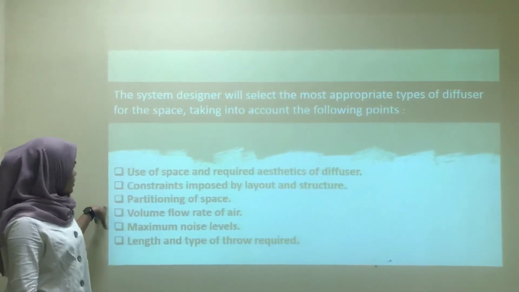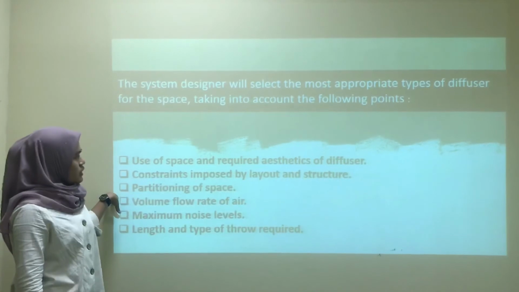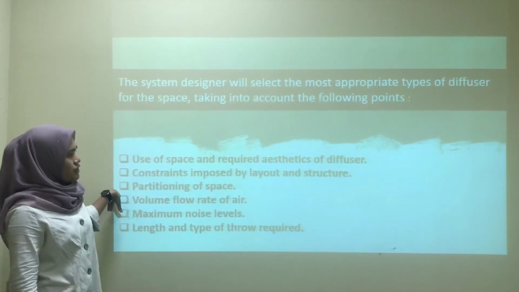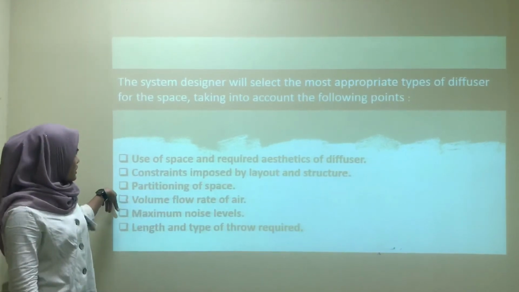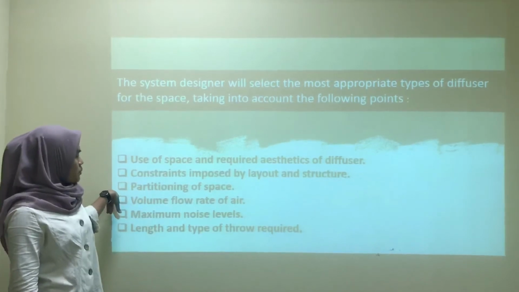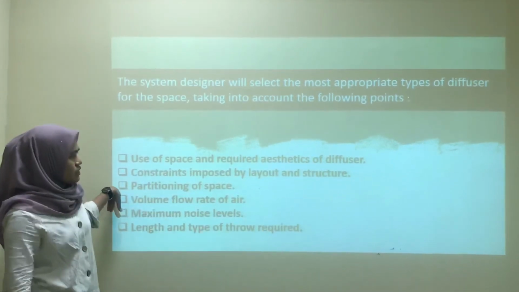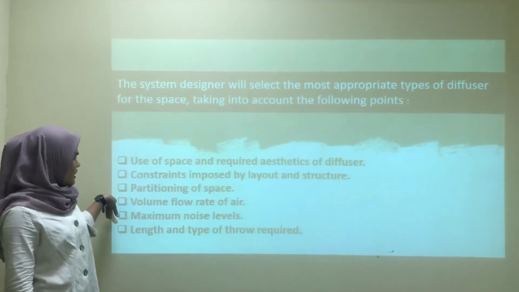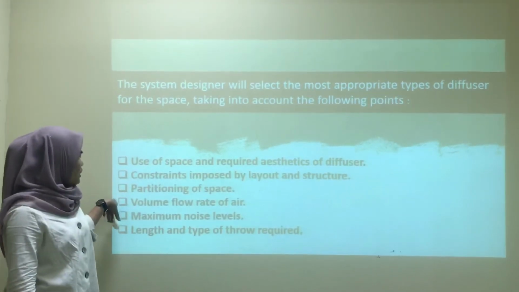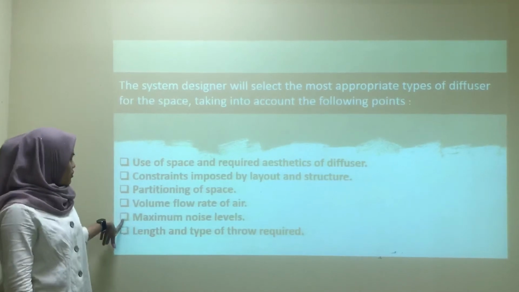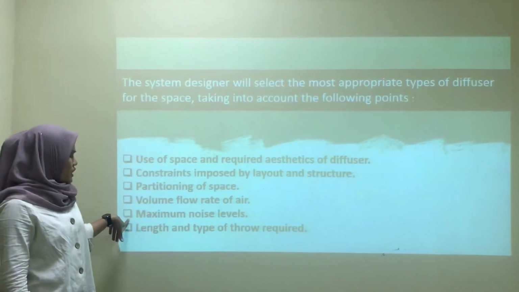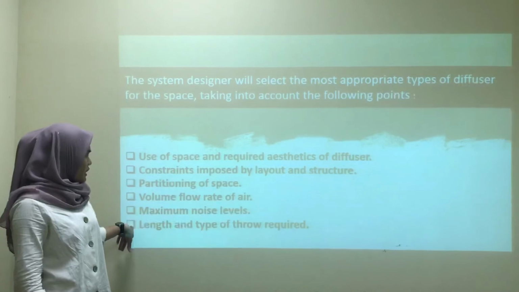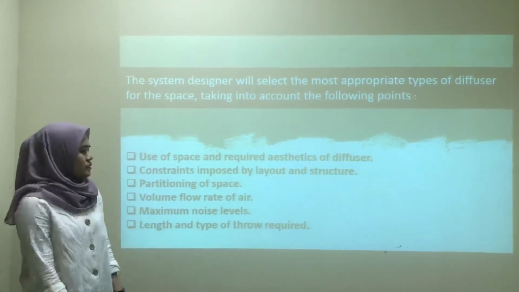First, use of space and required aesthetic of diffuser. Next, constraints imposed by layout and structure. Next, partitioning of space, volume, flow rate of air, maximum noise level, and last, length and type of throw required.